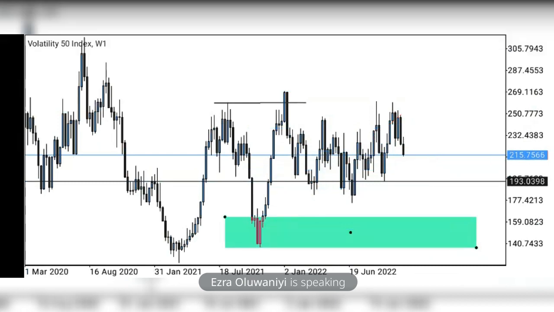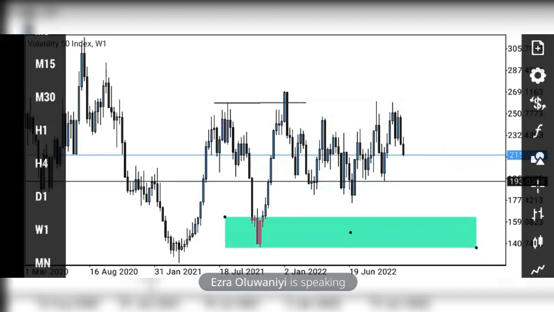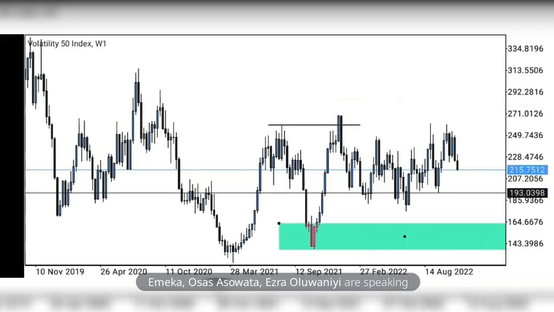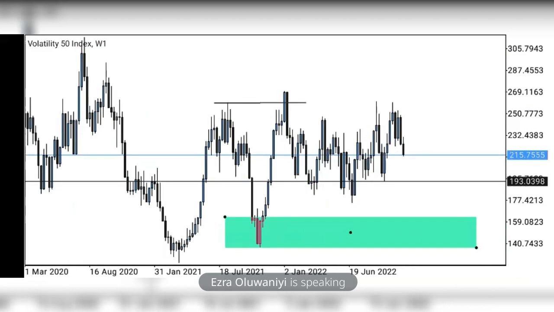We just follow what price gives us on lower time frame and then start trading or continue trading what price gives us. Is that clear, please? It's better to stay away from this market, or read your structure on lower time frame very well and then play it.